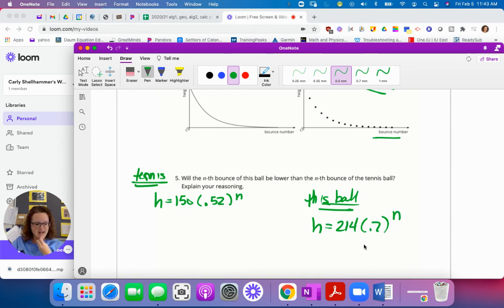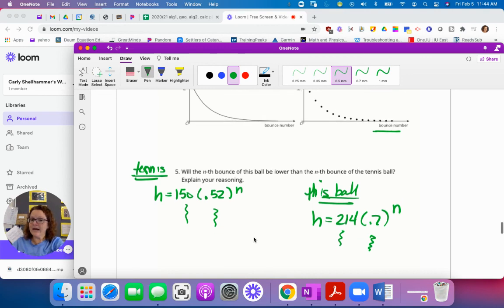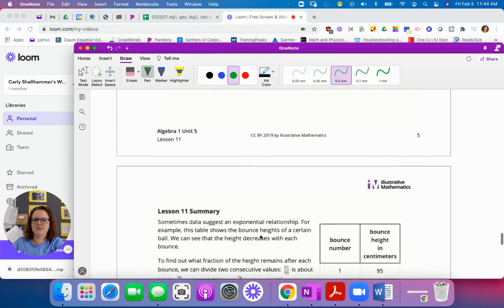It starts at a higher height, and it has more bounce. So every single bounce is going to be higher for this ball than the tennis ball, because we start at a higher starting height and we have more bounce. Lower height, less bounce. Okay, so this ball is bouncier and will always be higher than the tennis ball.